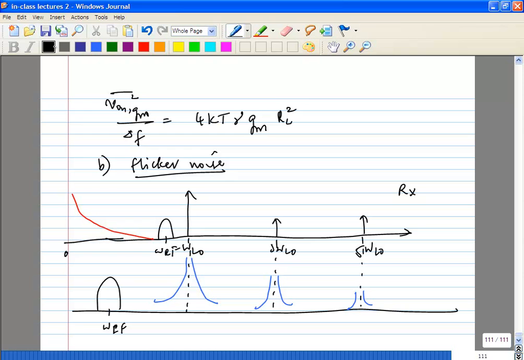Flicker noise depends only on DC current and the size of the transistors. So if you are going to design a transistor, be careful about flicker noise from the GM stage.